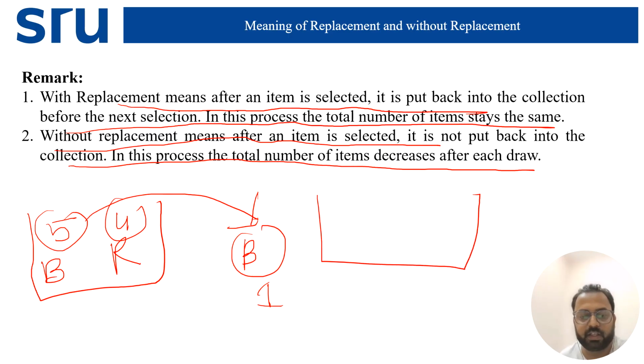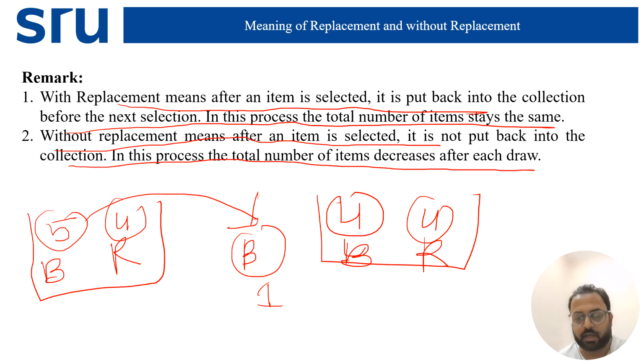Then the remaining balls are 4 black balls and 4 red balls, so the total number changes. And if you put it back into the box, then the number will always be the same. This is the concept of with replacement and without replacement.